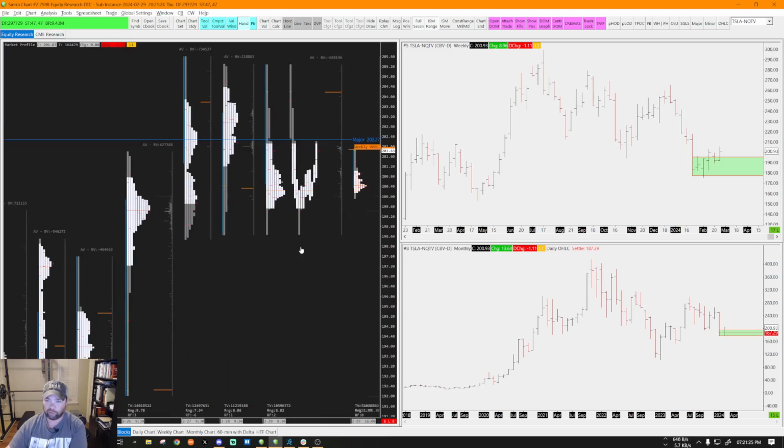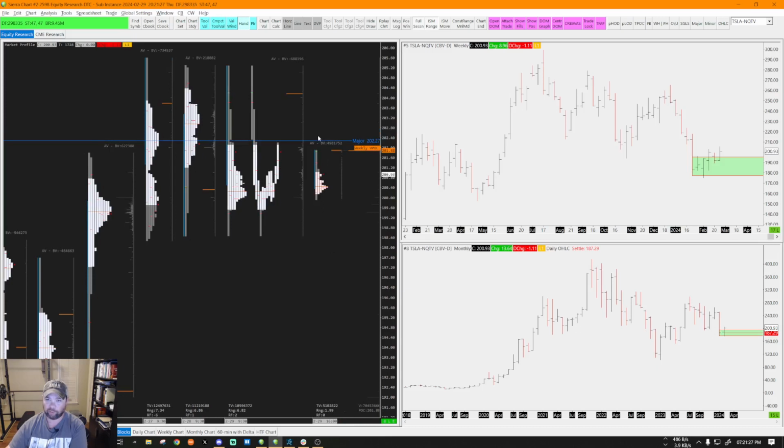If I want to be short something, this is a place where I would look to get short Tesla. So there's a lot of balance levels in it. Really, I would keep all of these levels on my chart. The 200 level.